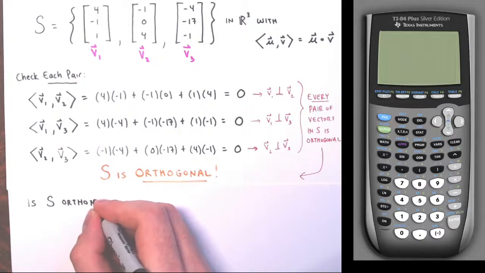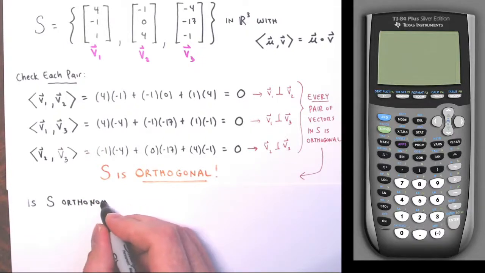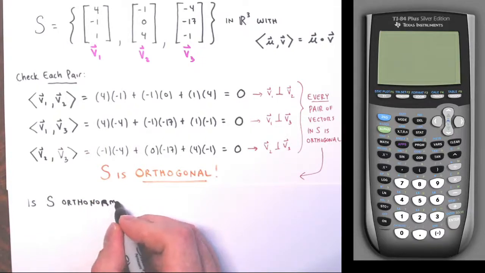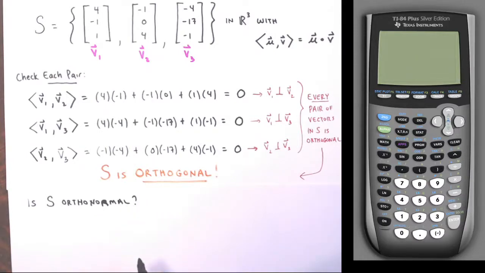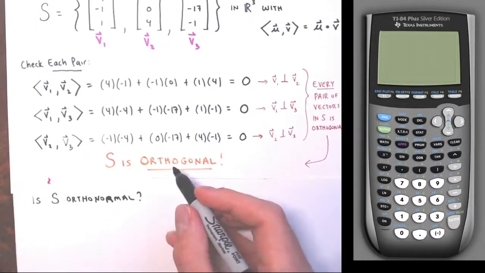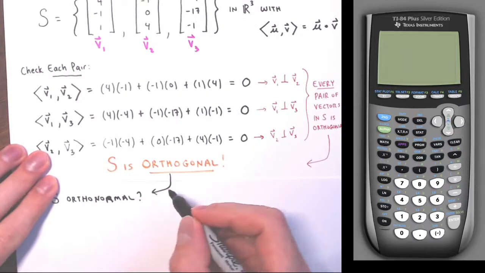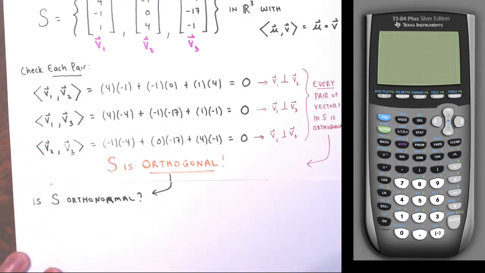Now be careful, you should only answer this question, orthonormal with an R there, after you've determined that the set is orthogonal. Because if the set is not orthogonal, it can't be orthonormal. An orthonormal set has to first be orthogonal.